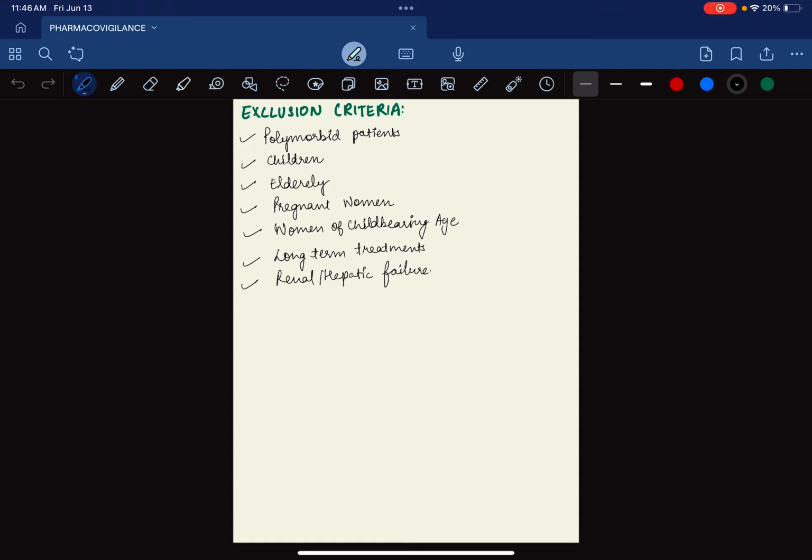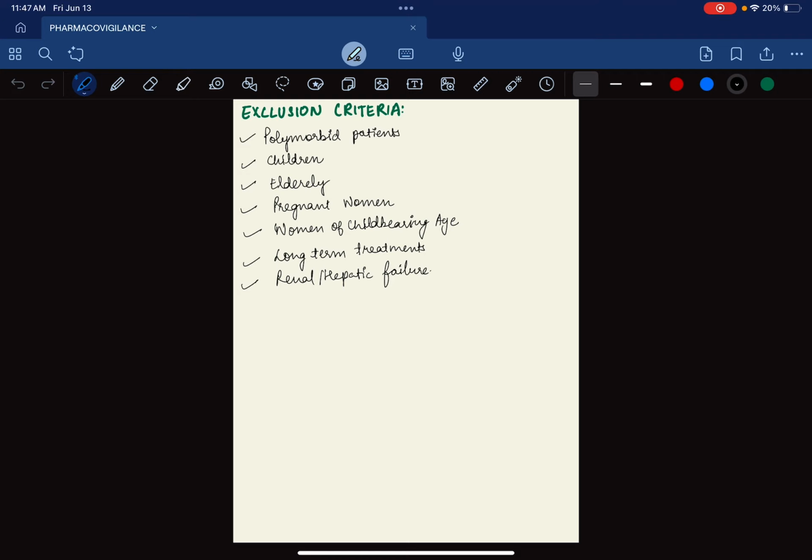The next part is the exclusion criteria. As you can clearly see from the word exclusion, what exactly is exclusion? Something that is excluded, or that does not qualify for that particular thing.